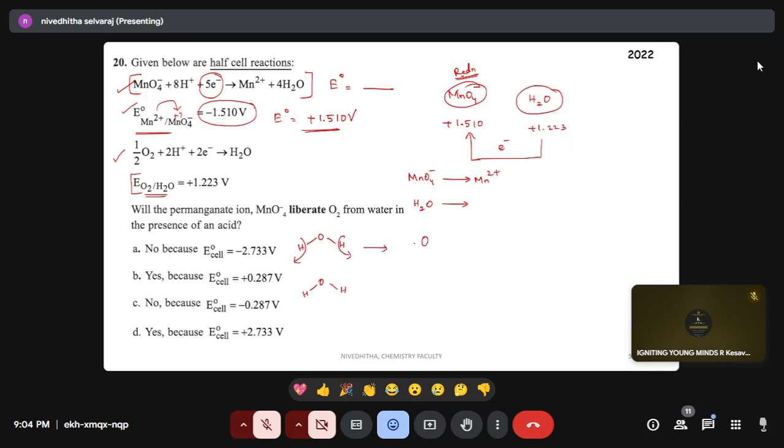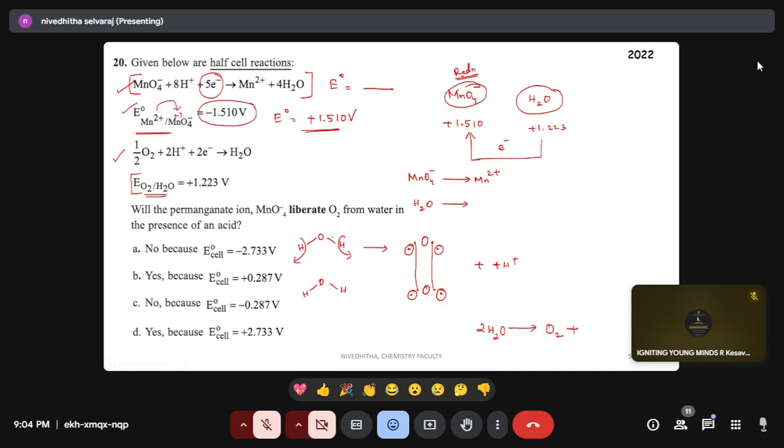So I have oxygen with electrons, right? So 4 H plus ions were removed, and this electron and this electron will combine together. So actually 1, 2, 3, 4 electrons will be removed. So 2 moles of H2O will get oxidized to O2. Why is it called oxidation?